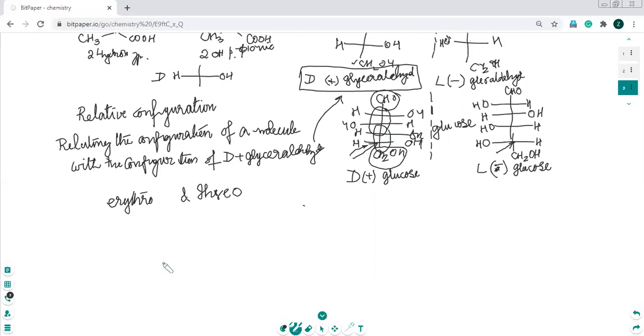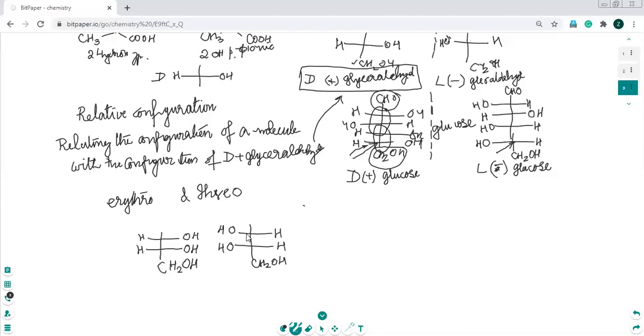See here. If you have a molecule with the least oxidized group like this, and H, OH, H, OH, and the mirror image of this: OH, OH, H and H, CH2OH.